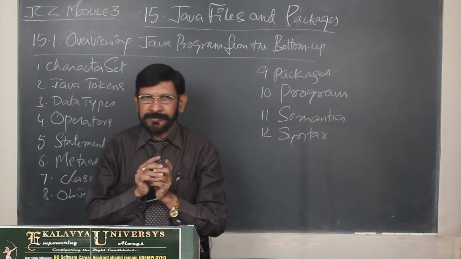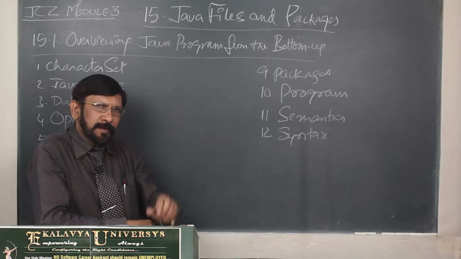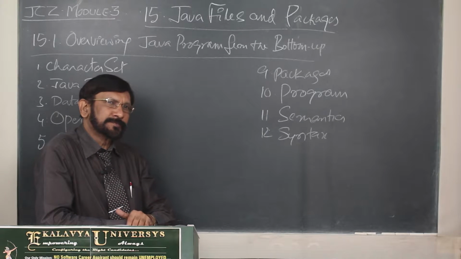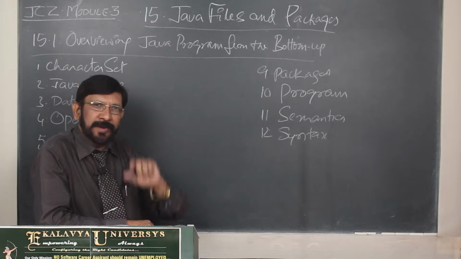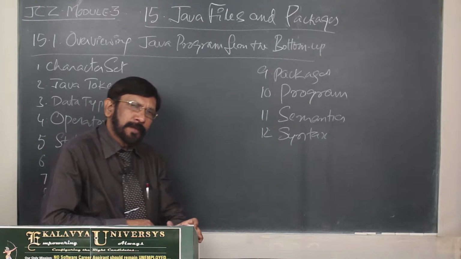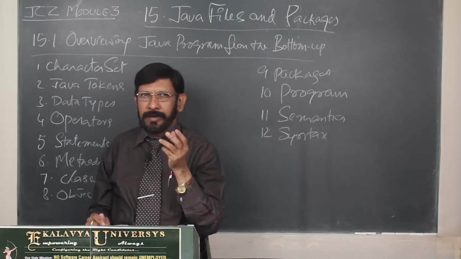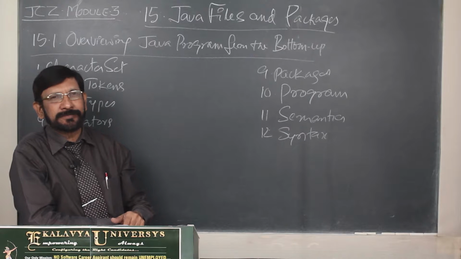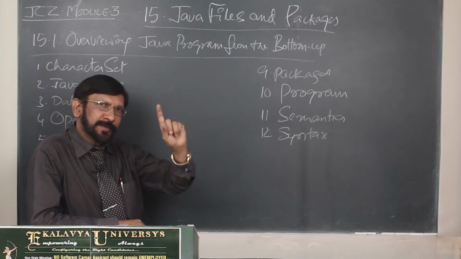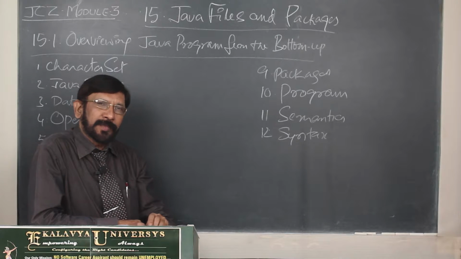The basic difference is that in the ASCII character set, the number of bits is 7. Its size is 7 bits. Of course, it is stored in 1 byte, 8 bits, but actually 7 bits. But Unicode size is 16 bits. That is why the character size in C is 1 byte, and the character size in Java is 2 bytes.